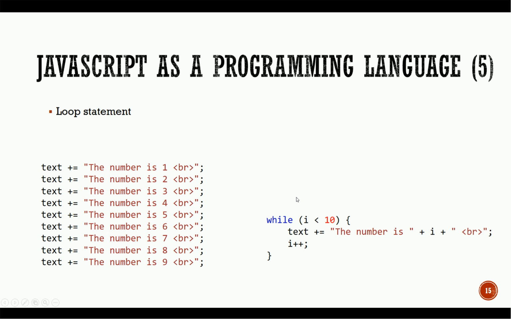We first give it the value of 0, and while the value of i is smaller than 10, we repeat the actions inside the while block. To make sure that the loop will end at some point in time, we increase the counter at the end of the action.